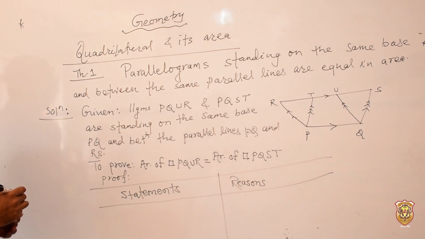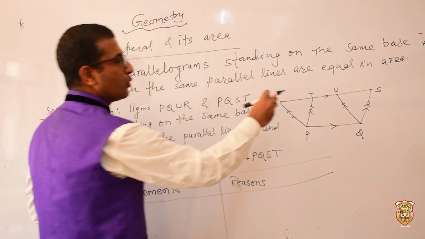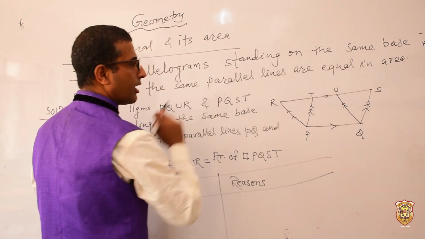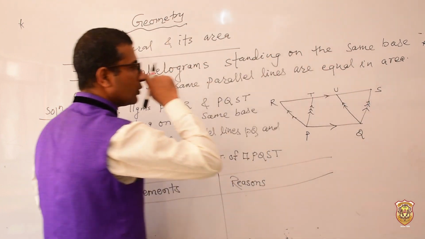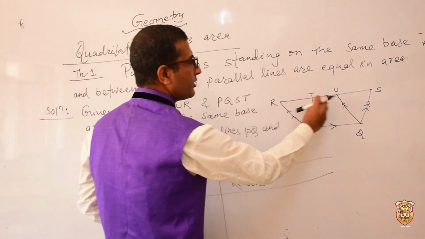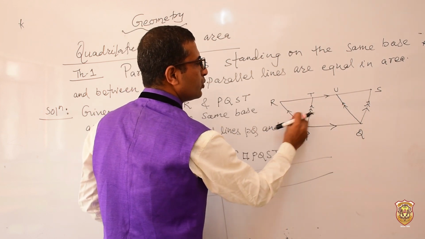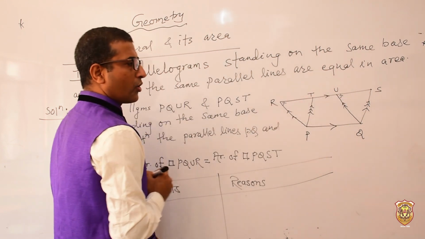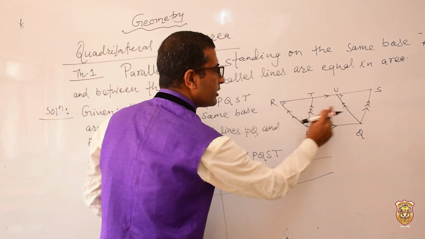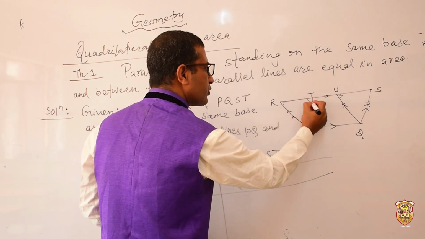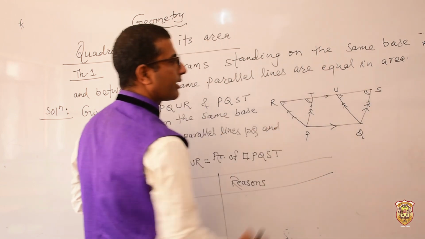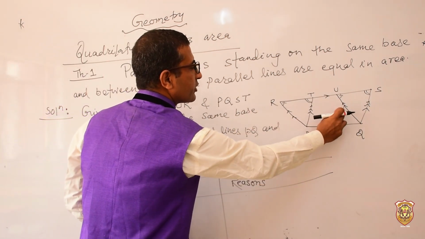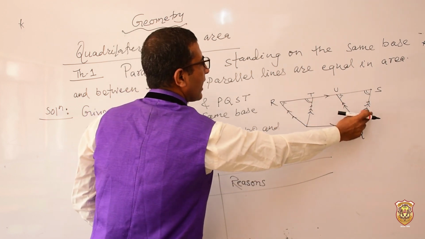First of all, as I have said, you have to show these two triangles congruent. The names of the triangles are PTR and QSU. Here in these two triangles, we can see these two lines are parallel, so these two are corresponding angles. Again, these two lines are parallel, so these two angles are again corresponding angles. And one of the opposite sides, either we can take PR and QU or PT and QS.